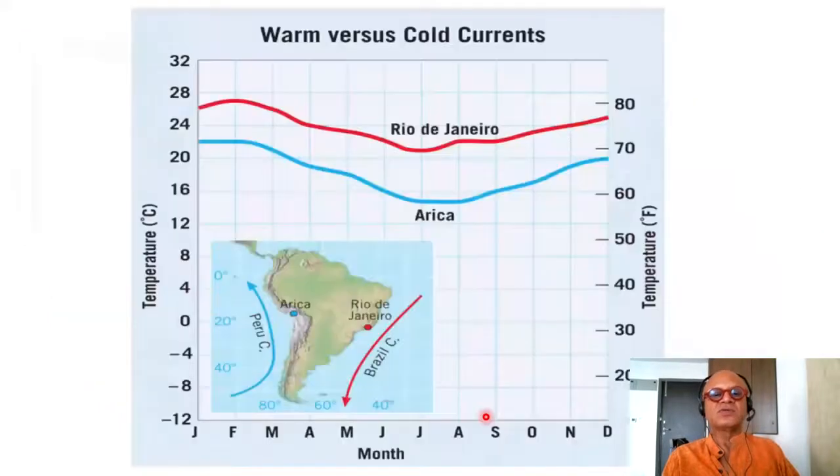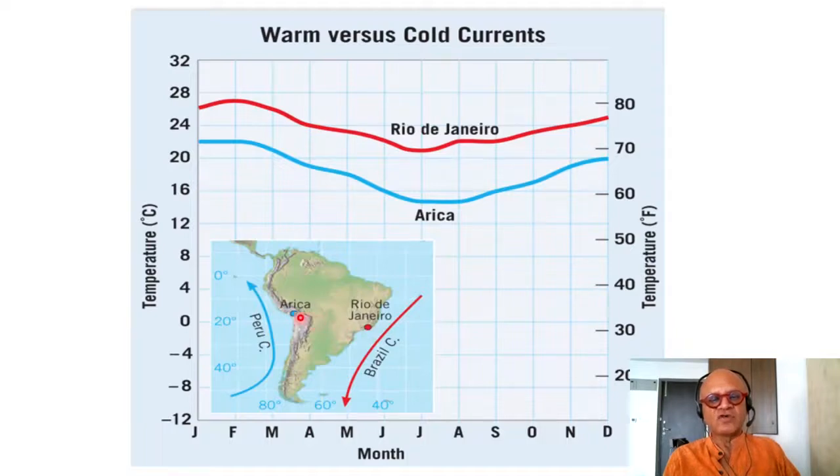Okay, so what does this mean? If you look at the eastern boundary current here in Peru, sorry, this is the Peru current. I don't know. This is Africa. So there's a place called Africa in Peru, I think. So that temperature you can see is much colder than the Rio de Janeiro, almost.